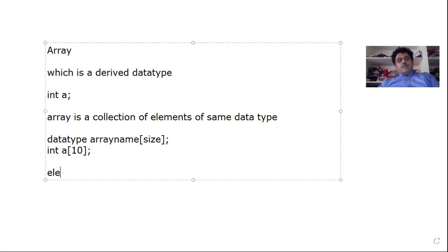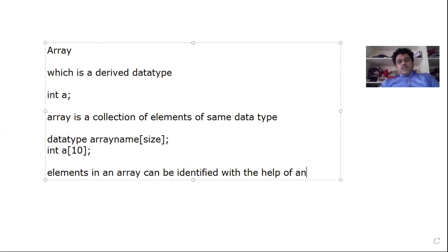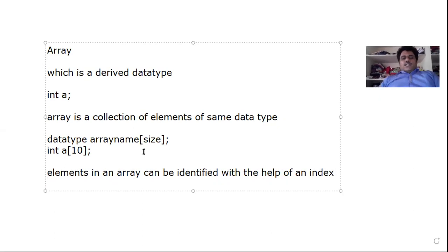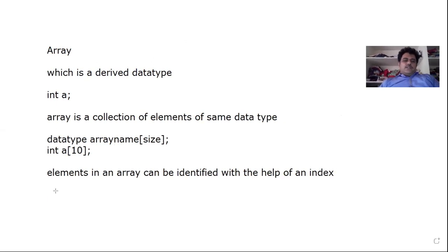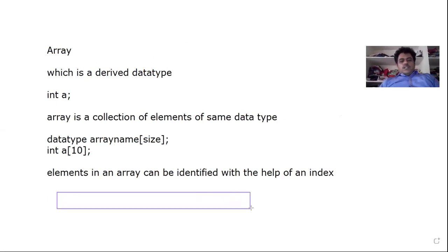Elements in an array can be identified with the help of an index. So how do you know the index? Let me draw it here. Let's suppose this is the array.